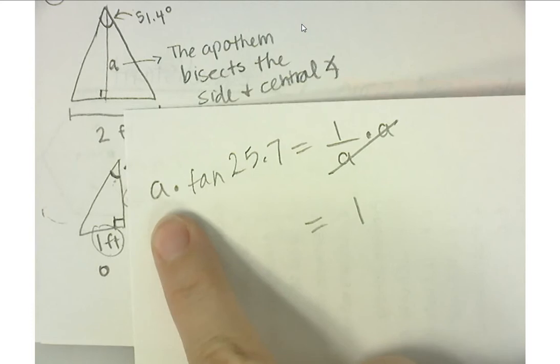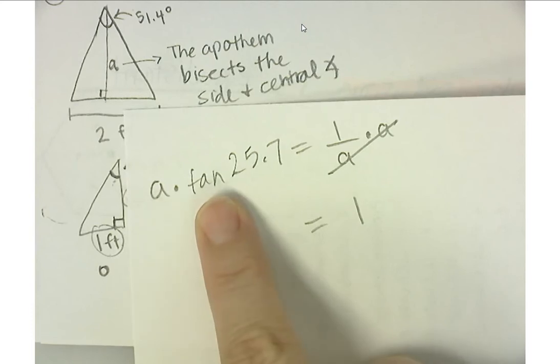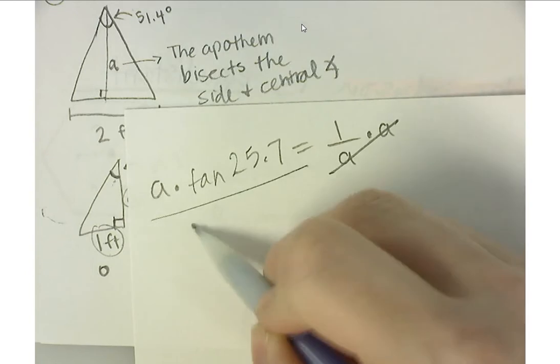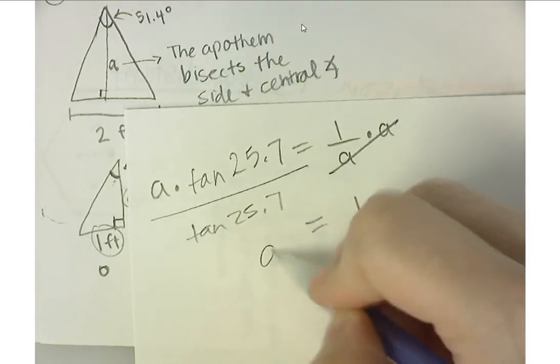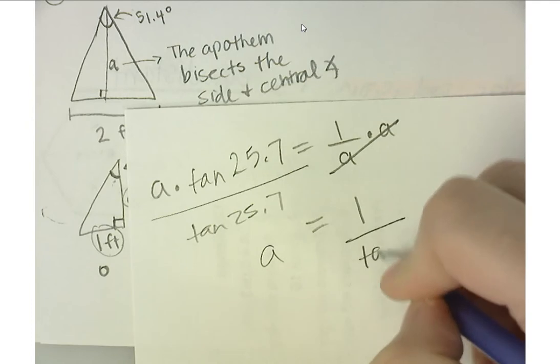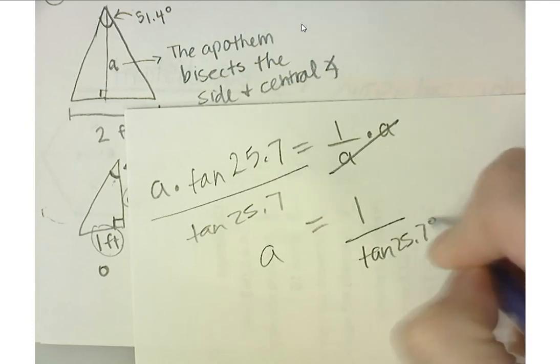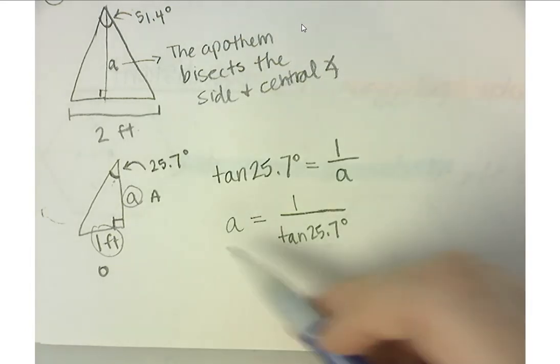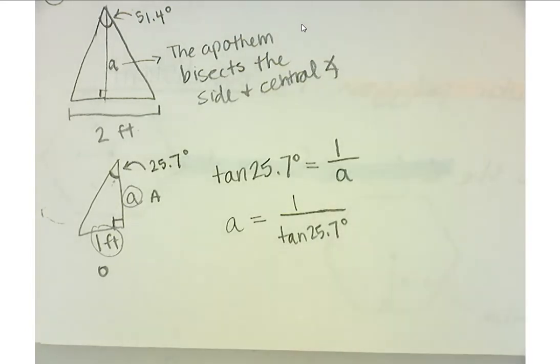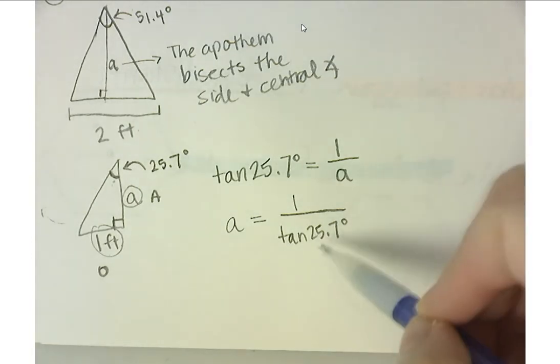On this side I have A times the tangent of 25.7, so I divide by the tangent of 25.7 to get A by itself. Since we've done that a lot, we start to realize that anytime A's on the bottom, we're going to be dividing.